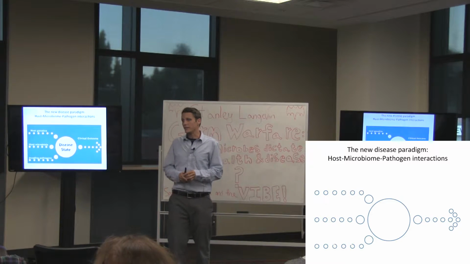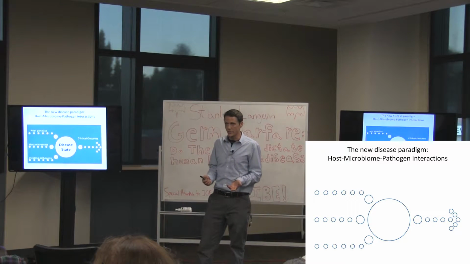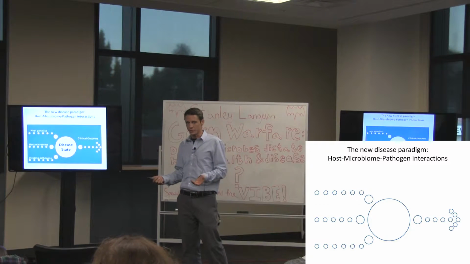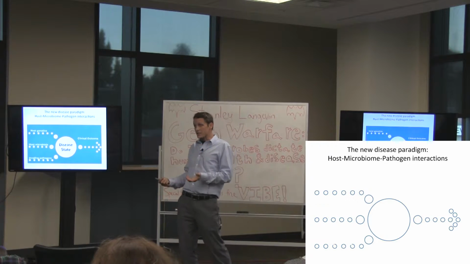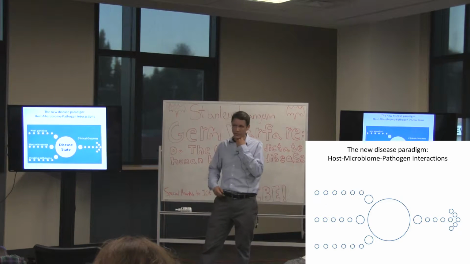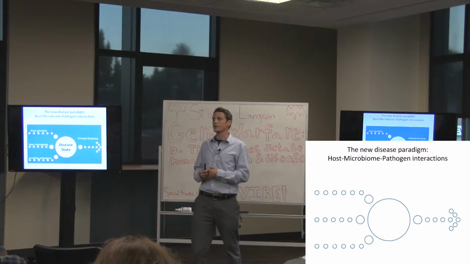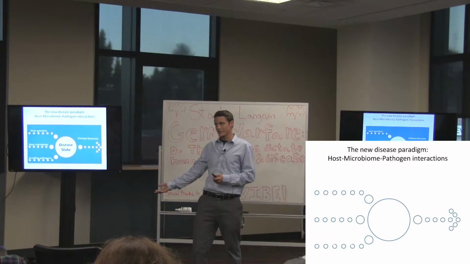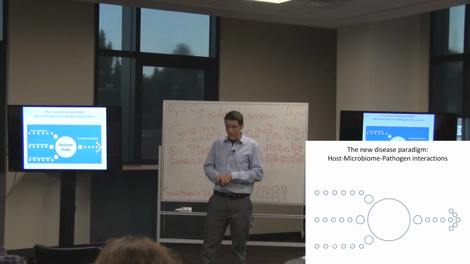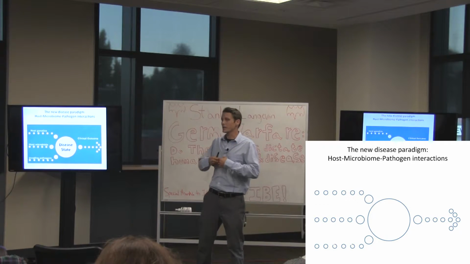So if you have an inflammatory microbiome that makes you more susceptible to, say, influenza, or you have pathogens already in your upper respiratory tract, like Streptococcus pneumoniae, and you get infected with influenza, you're probably more likely to develop severe disease than if you did not have it. So it's really incorporating this extra layer.